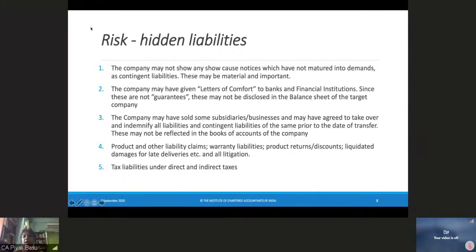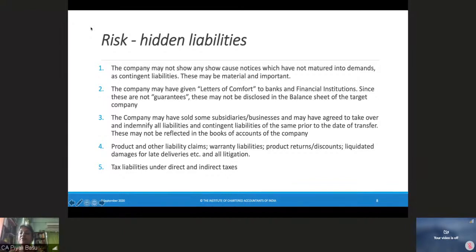Please tell me a hidden liability for letter of comfort. Why could it be a hidden liability? What happens if we ignore this, or fail to identify any such letter of comfort which may have been given by this company which is put up for sale?